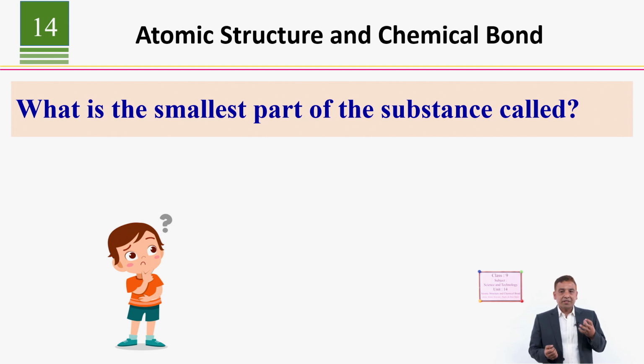Oxygen has two atoms, that means oxygen has two smaller components, the atoms. Iron and other metals can be represented by a single symbol, like Fe for iron and Cu for copper, which are called monoatomic.